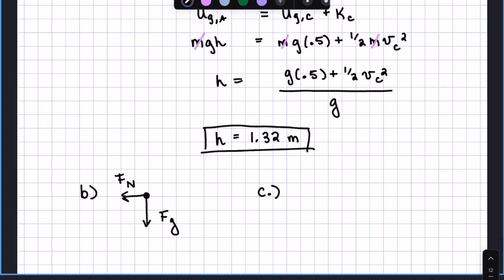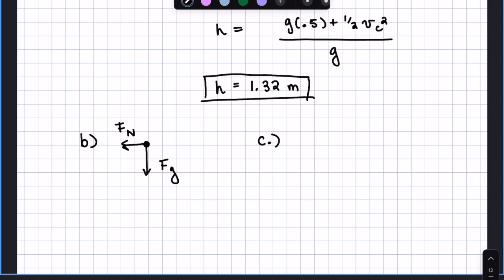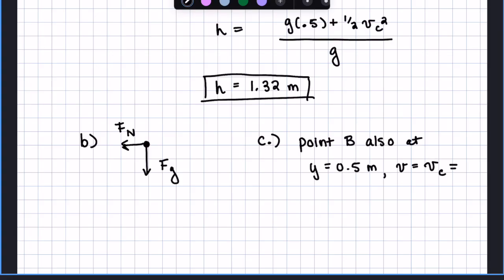So you can make an argument that since point B is also at y equals 0.5 meters, the velocity would be equal to what the velocity was at C, which we didn't solve for but was given to us, which is just the 4 meters per second.